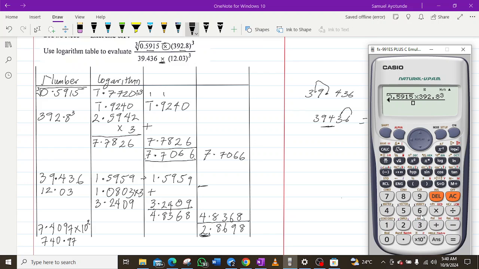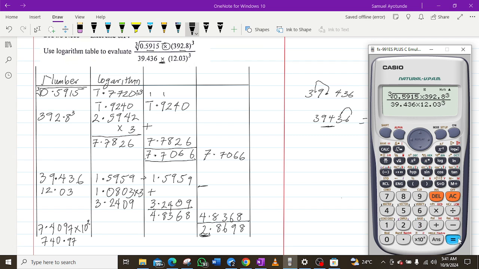Then we go to the denominator, 39.436 times 12.03 raised to power 3.